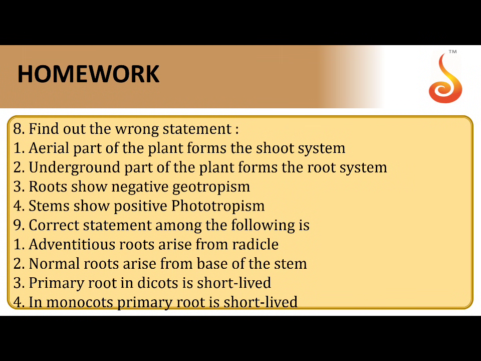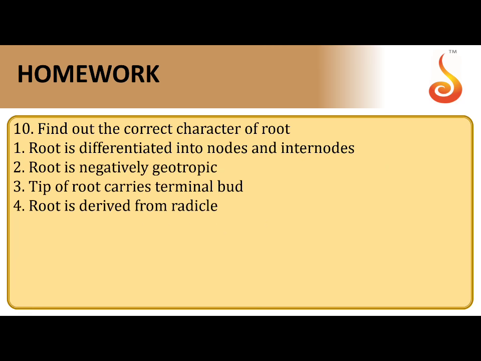Question 9, the correct statement among the following is: 1, adventitious roots arise from radicle. 2, normal roots arise from base of the stem. 3, primary root in dicots is short-lived. 4, in monocots, primary root is short-lived.